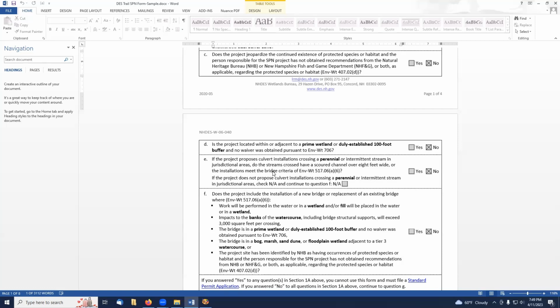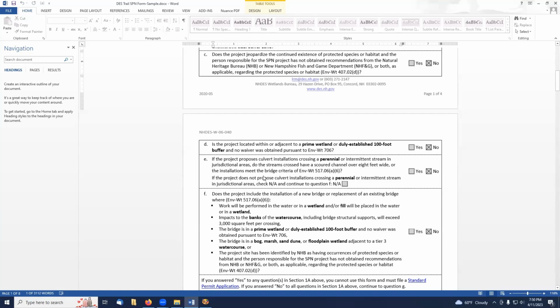Once you get into that range, you're going to have to be dealing with a bridge. I believe the absolute maximum for a culvert is 5 feet. So I don't know where this 8-foot wide comes from, but you're not going to put a culvert into an 8-foot wide stream, that's for sure.